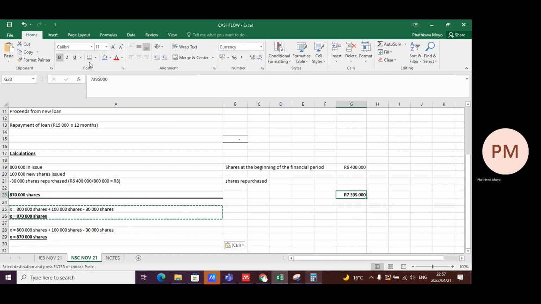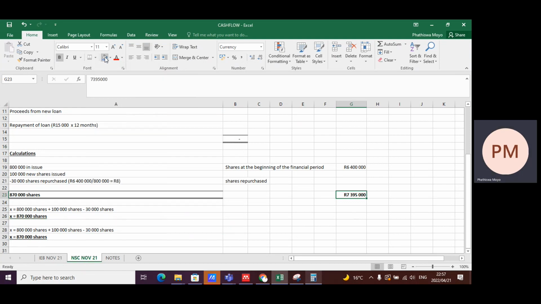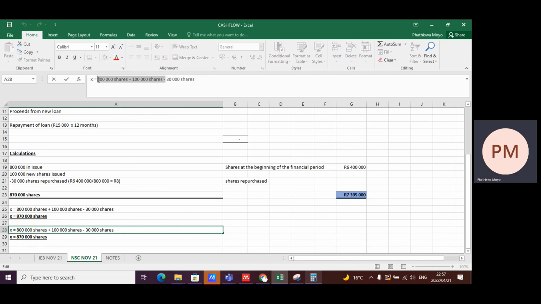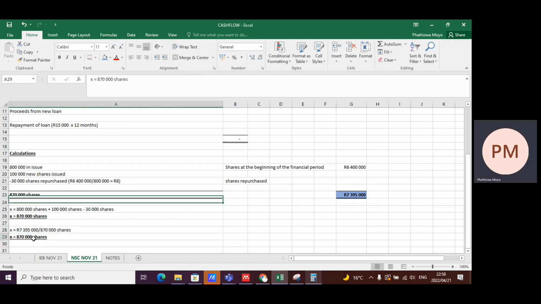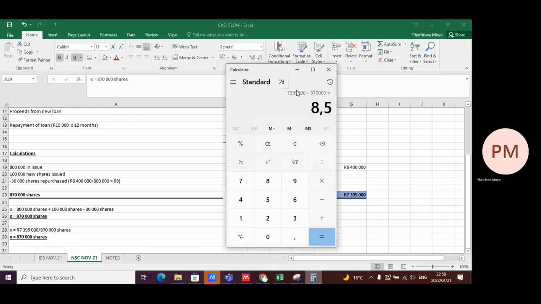We have this value that is given to us, 795, and 870 shares, 7395.